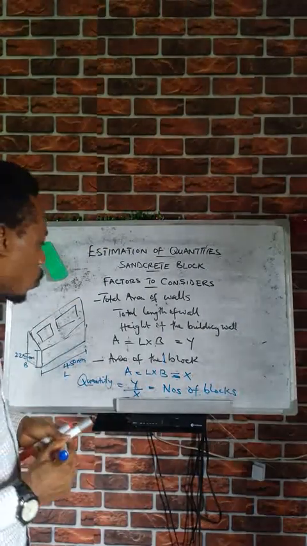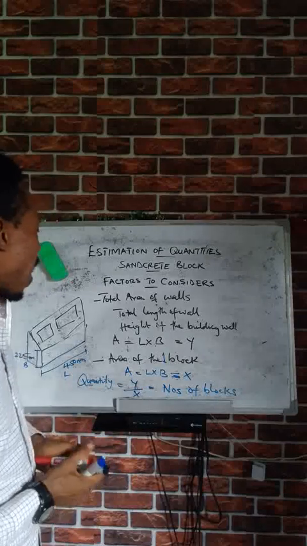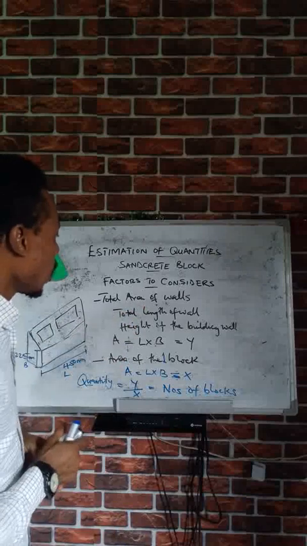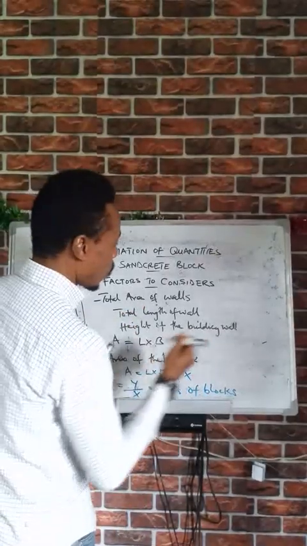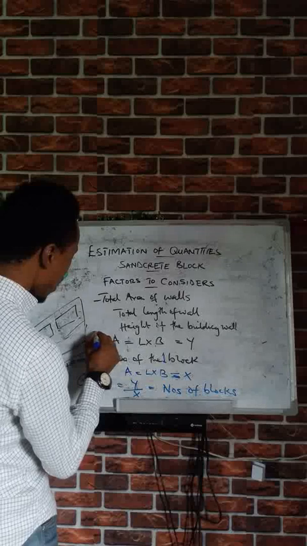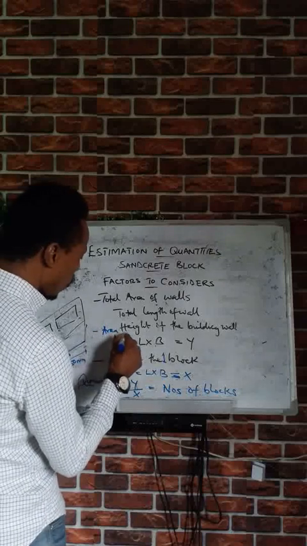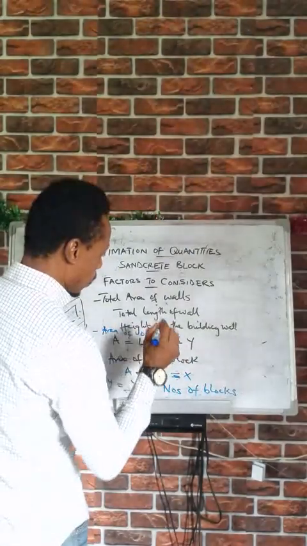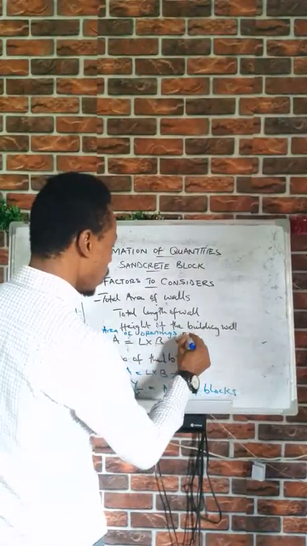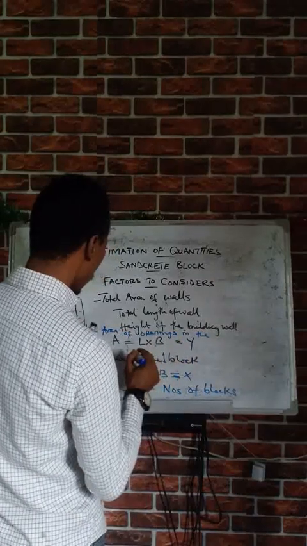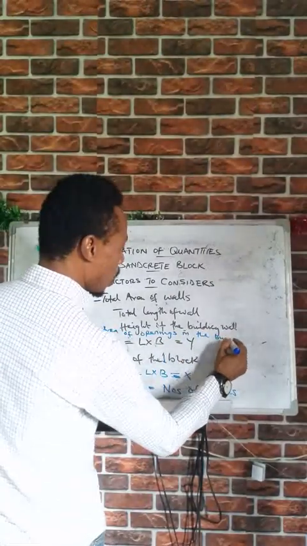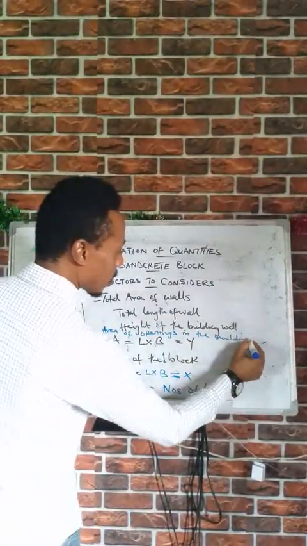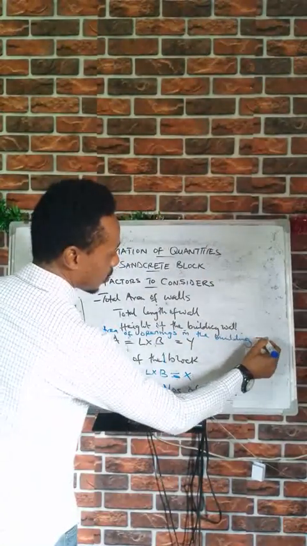But before you get to this point, once you have calculated the total area of your walls, y, you also have to check the total area of openings in the building. Let's say this is z.